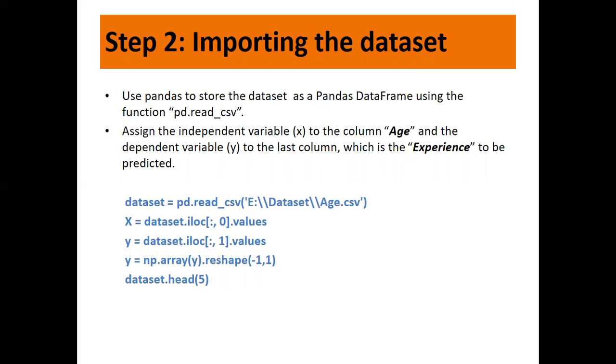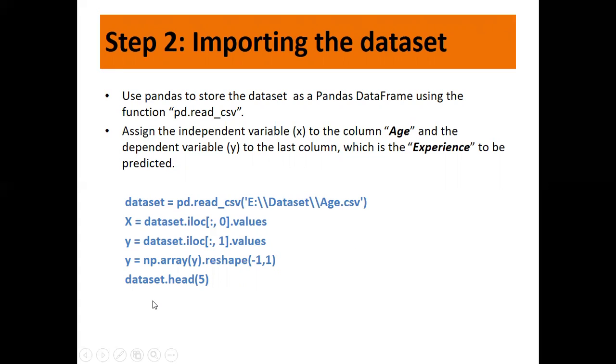Now, we have two variables, as we have already seen previously: the independent variable x, and we are assigning to x the first column, the 0th index. To y we are assigning the variable to be predicted: x is age, and y is nothing but the years of experience, that is the second column of our data set. We are reading it using this function.